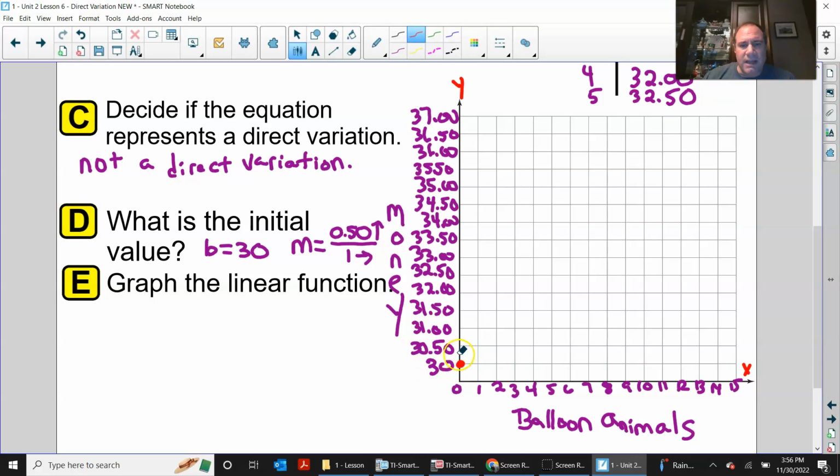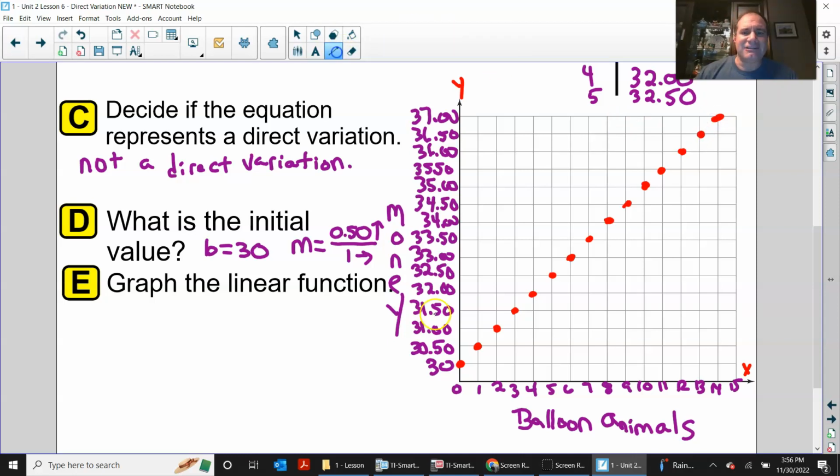Then she makes 1 animal. She gets $30.50, so 50 cents, the rise of 0.50 and the run of 1. Just like this, the rise of 0.50, the run of 1, you go ahead just like this.